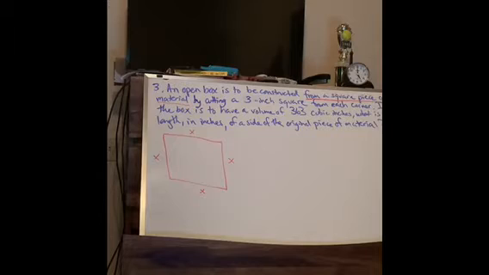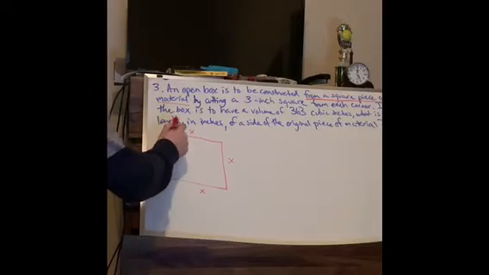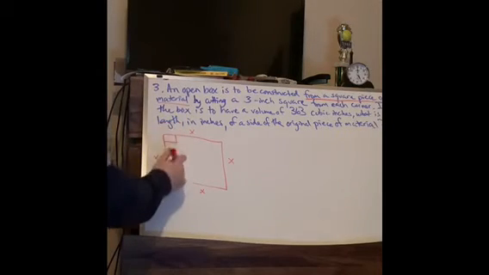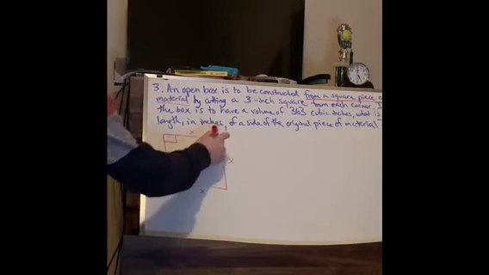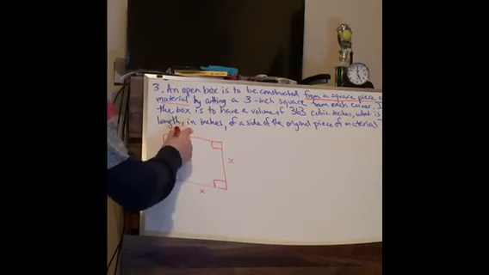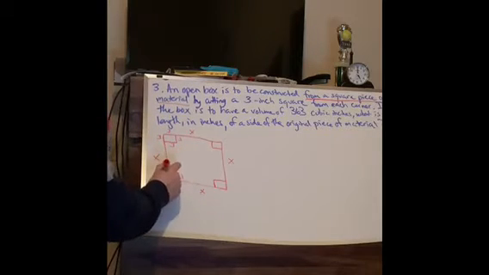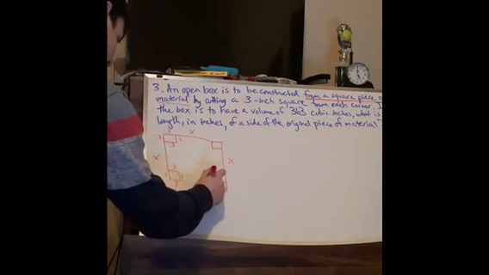Let them all be x. What this is saying is that a 3-inch square is cut from each corner. So really, all of these right here are going to be 3 by 3 inch squares. So 3, 3, 3, 3, 3. I think you get the point.